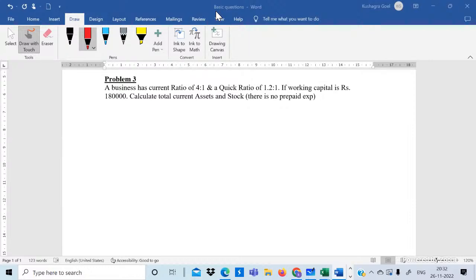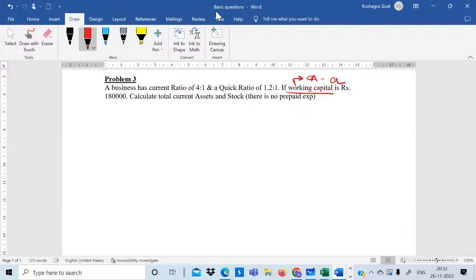If I'm looking at it from the point of view of the balance sheet, working capital is nothing but your current asset minus current liability. So working capital is the assets and liabilities needed for your day-to-day operational activities.